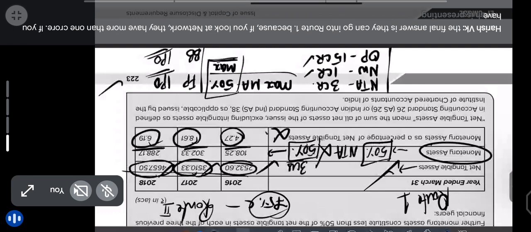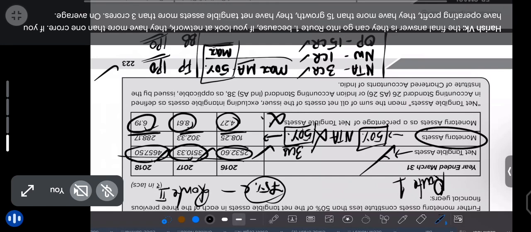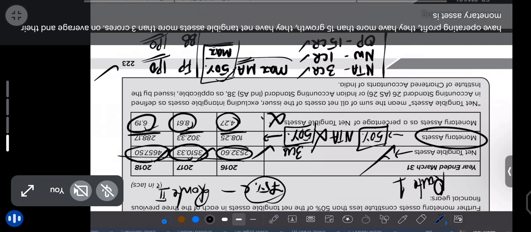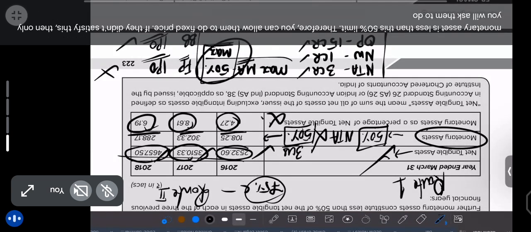If you have operating profit, they have more than 15 crores. They have net tangible assets more than 3 crores on average, and their monetary asset is less than this 50% limit. Therefore, you can allow them to do fixed price. If they didn't satisfy this, then only you will ask them to do book building.